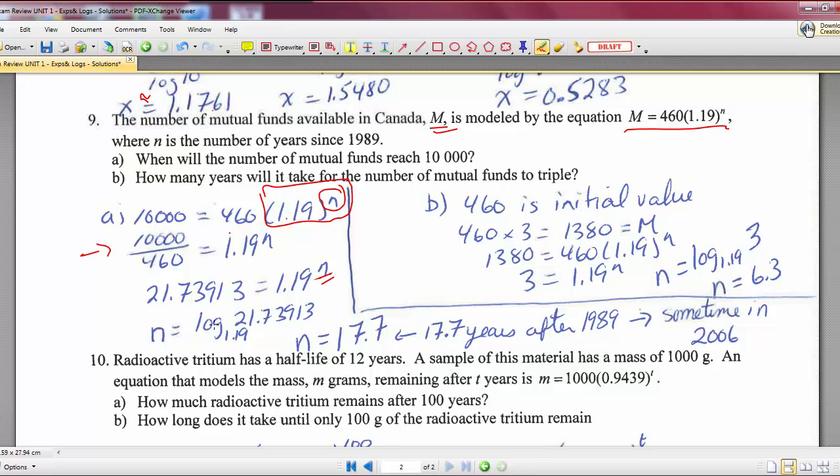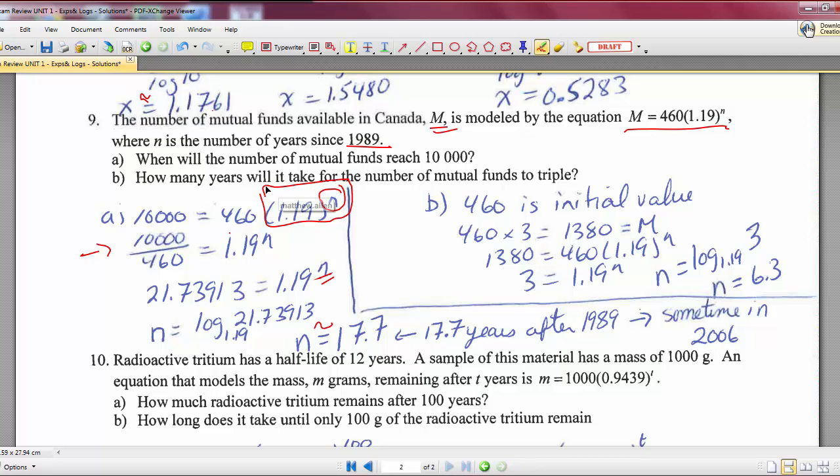And then again, log 21.73913 divided by log 1.19, and we find that n is approximately 17.7. And so that's saying 17.7 years later, after the original part of the question, the 1989, is when we would hit that mark. And so adding 17.7 to this, we get sometime in 2006.